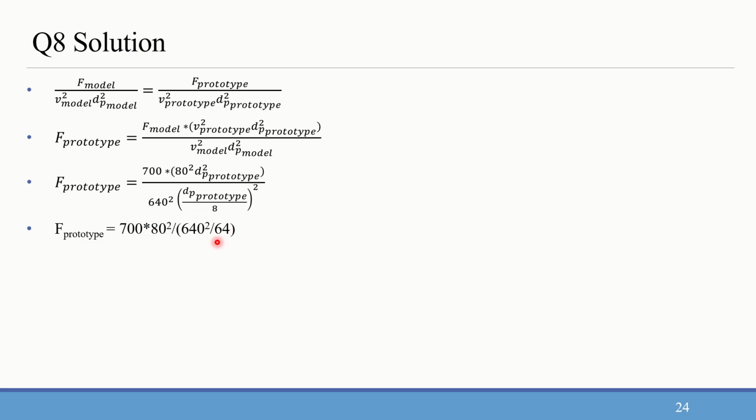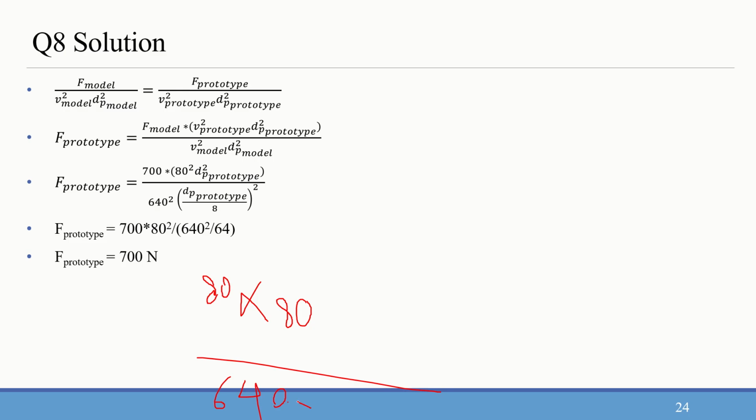Let us keep 700 constant. It is 80 into 80 divided by 640 into 640.